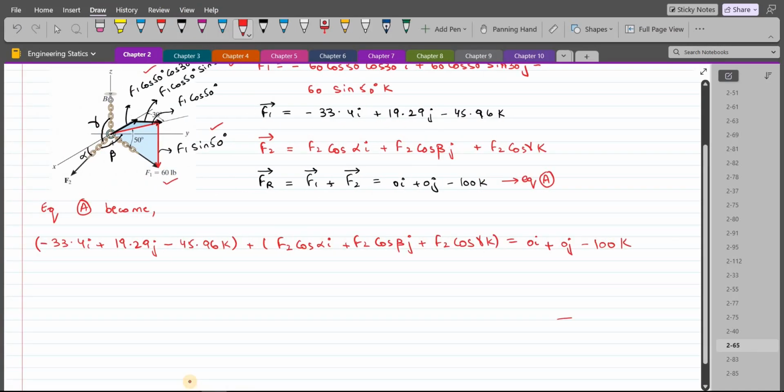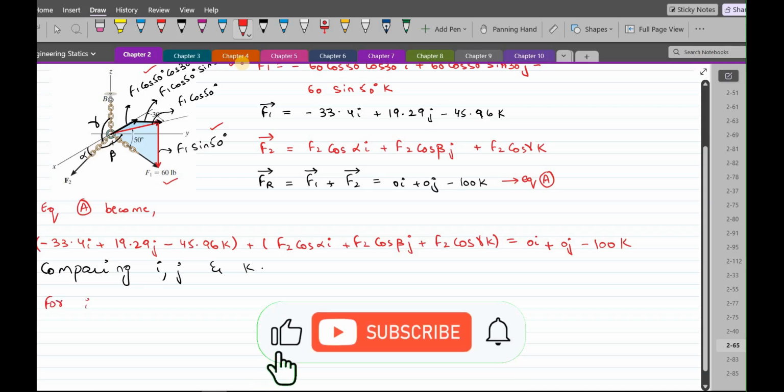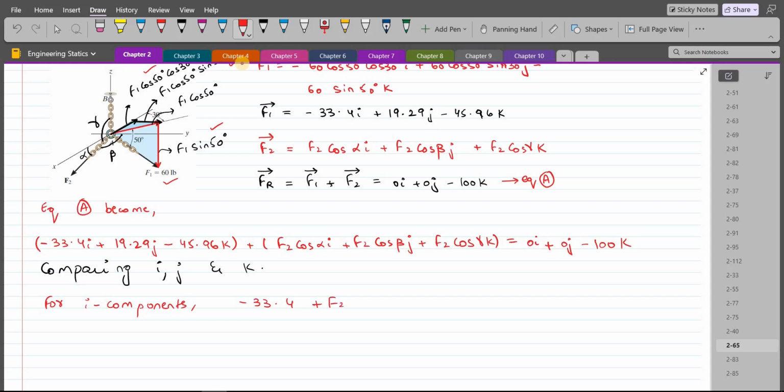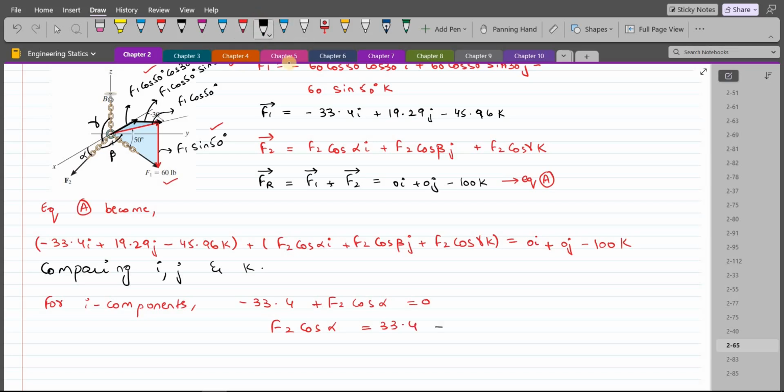Now if we compare the i, j and k components, for i components we have negative 33.4 plus F2 cos alpha equals 0. Rearranging, F2 cos alpha equals 33.4. Let's call this equation 1.